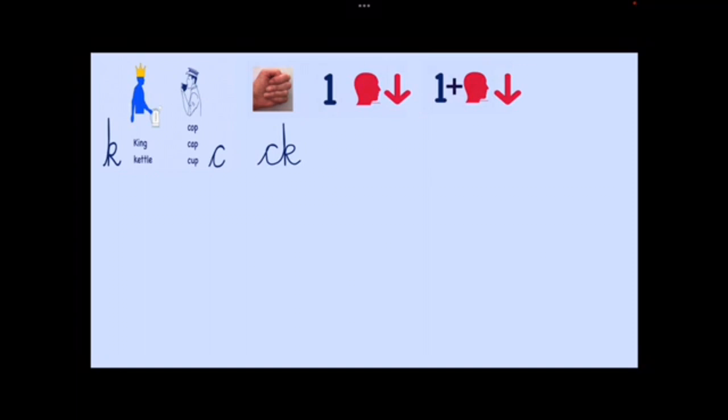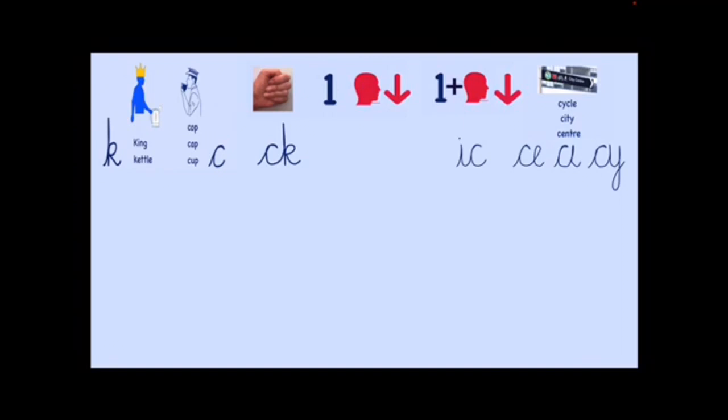Or just ick if you hear it at the end of a word with more than one syllable. And all of this was in preparation for the fact that there is a different sound we say if the letter C is followed by E, I or Y.